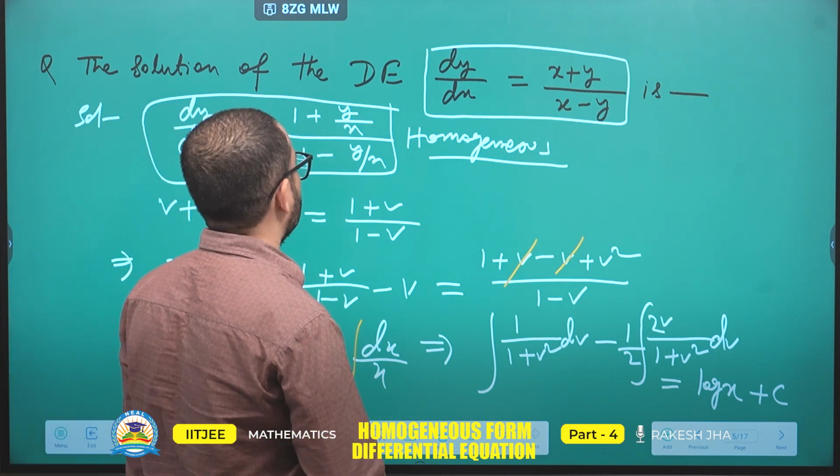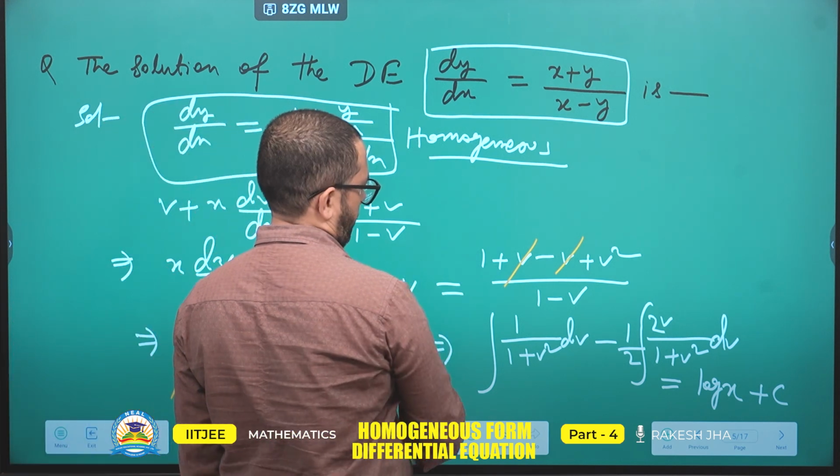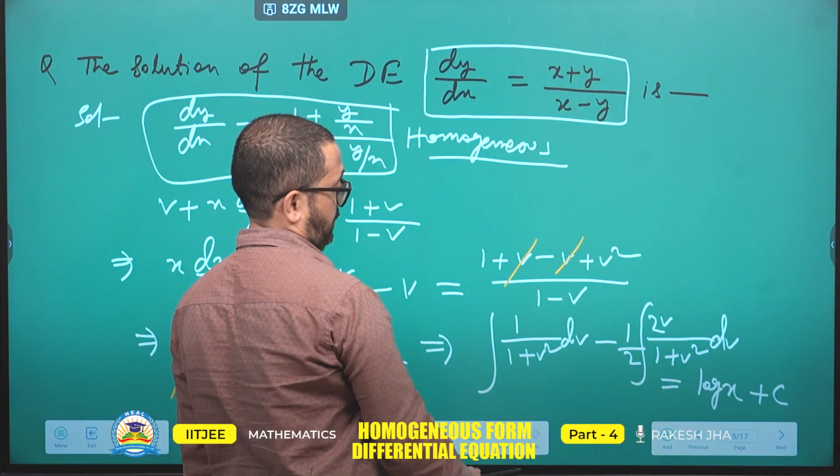So now the next and the last, we can write here is tan inverse v.